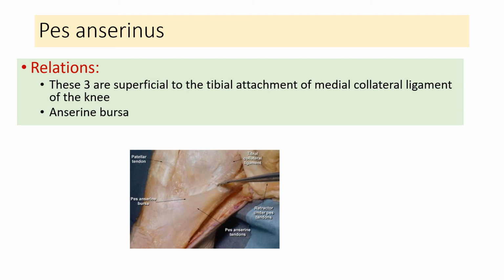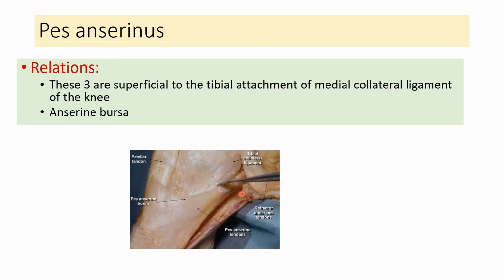Now, what are the relations of the pes anserinus? These three tendons contributing to the pes anserinus are superficial to the tibial attachment of the medial collateral ligament, or the tibial collateral ligament, and they are also superficial to the anserine bursa.